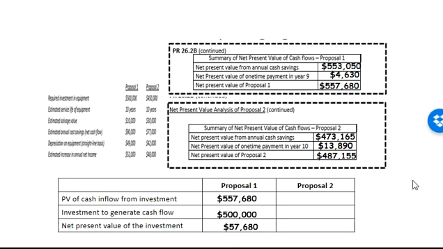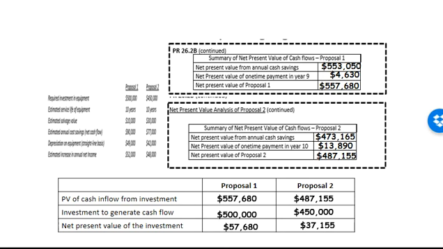The present value of my cash inflows for proposal 2 is $487,000. I will have to make an investment of $450,000 in order to generate those cash flows of $487,000. So the net present value of my investment for proposal number 2 is $37,155.